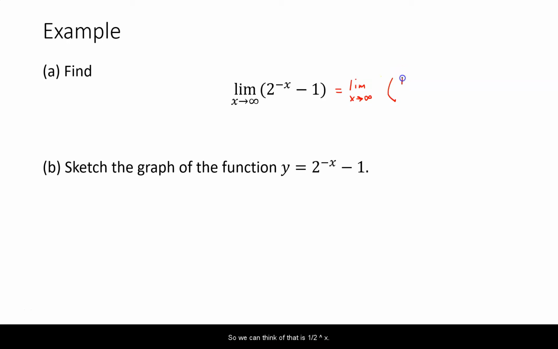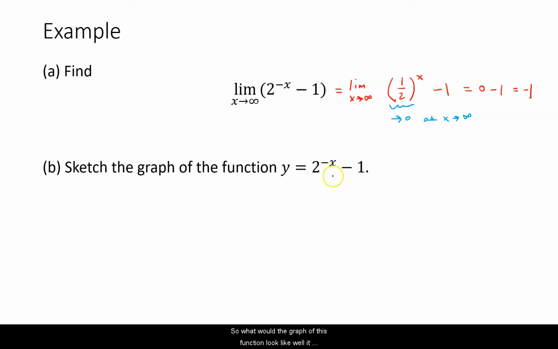So we can think of that as (1/2) to the power of x. And now as x goes to infinity, because this base is less than 1, this is going to go to 0. So we're left with 0 minus 1, or just negative 1.